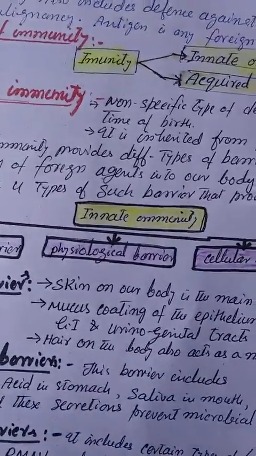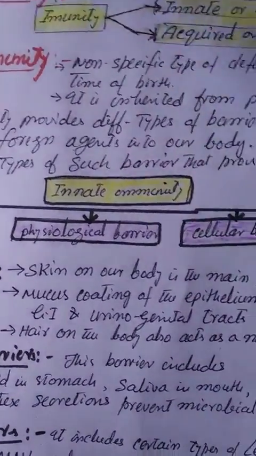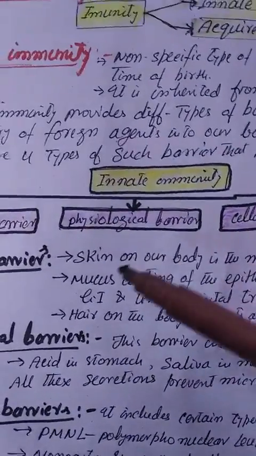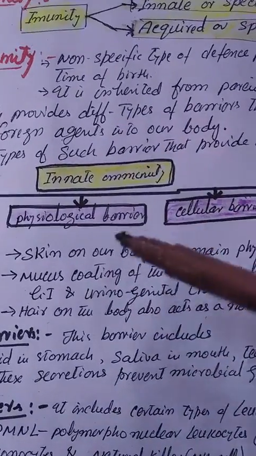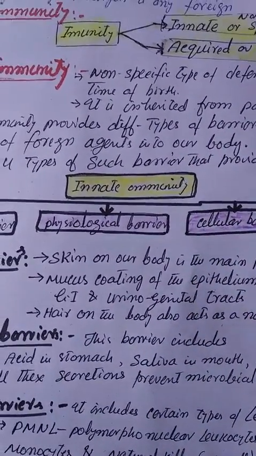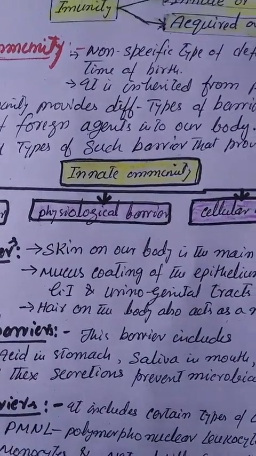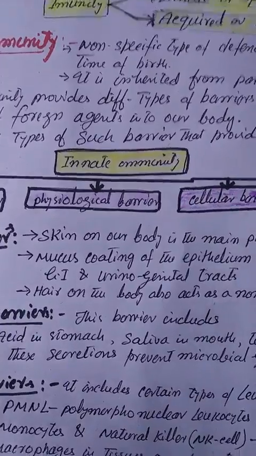So far as the physical barrier is concerned, it constitutes the skin on our body. Skin is the main physical barrier which blocks the entry of foreign disease-producing germs into our body.